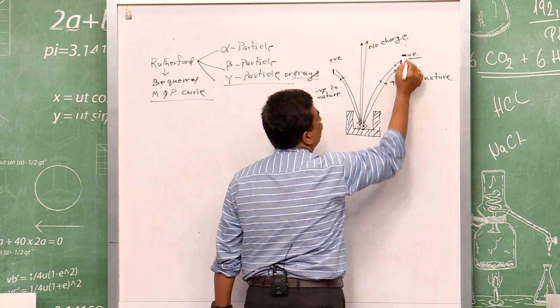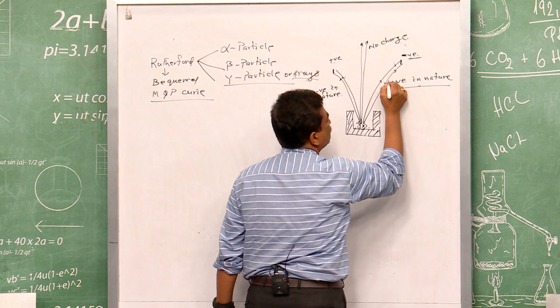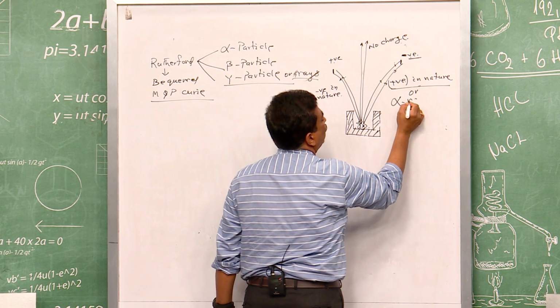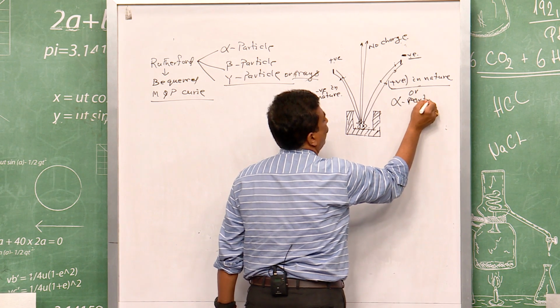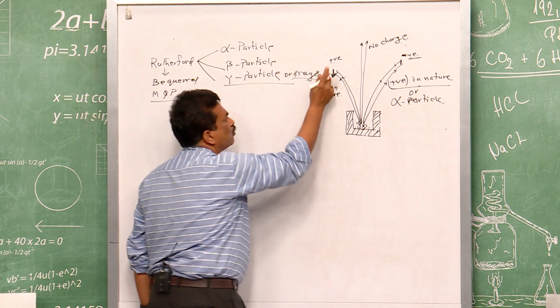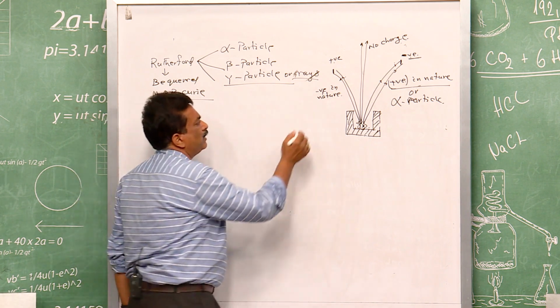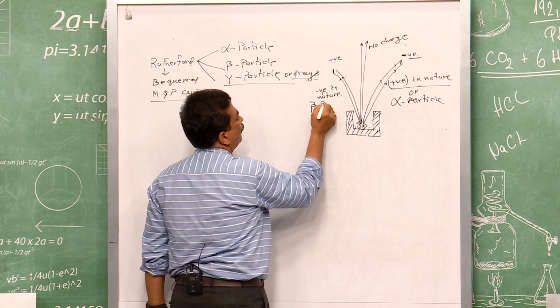Those coming to the negative are positive in nature, meaning they carry positive charge. They are known as alpha particles. And those coming towards the positive plate are negative in nature; they are beta particles.